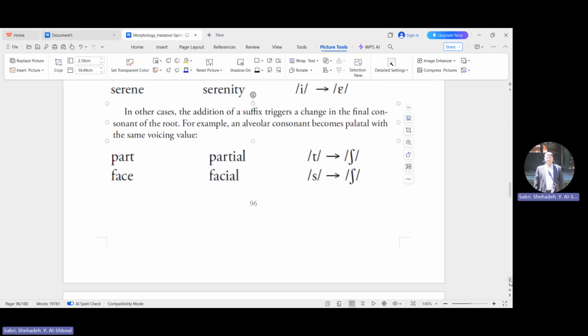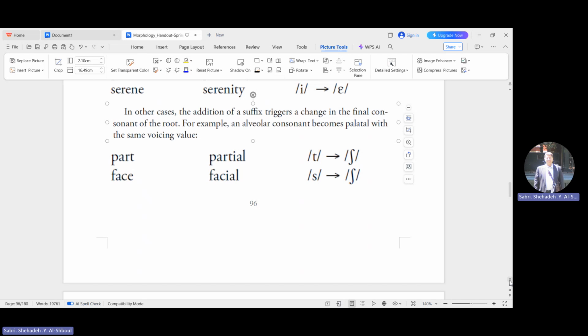Okay, in other cases, for example, the addition of a suffix triggers a change in the final consonant of the root. So, for example, here, the alveolar consonant becomes palatal with some voicing. We have the alveolar consonants like t and s in part, face. When we add the suffix, partial, facial, this causes a change in the final sound.